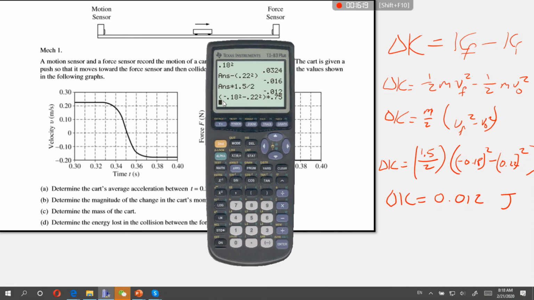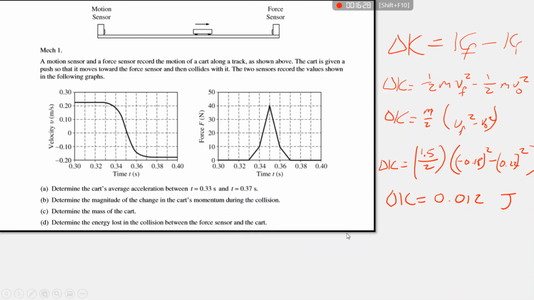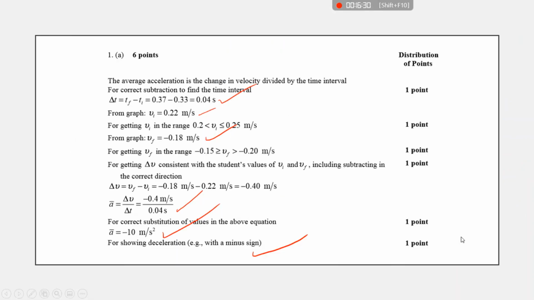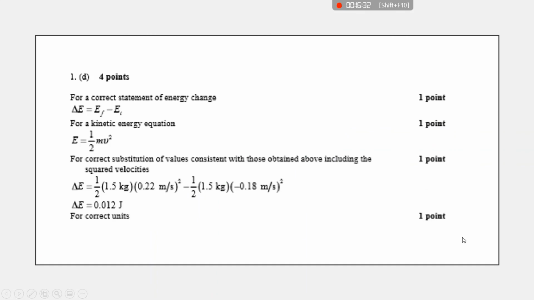Oh, okay, this negative wasn't squared. That's why. Okay, cool. So let's check. We've got an energy statement using kinetic energy, 1/2 mv squared, and substitution, units. Awesome.